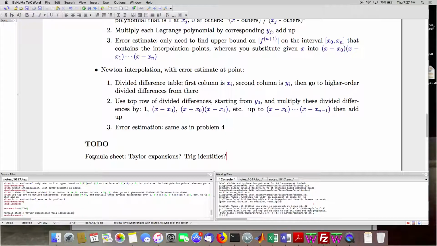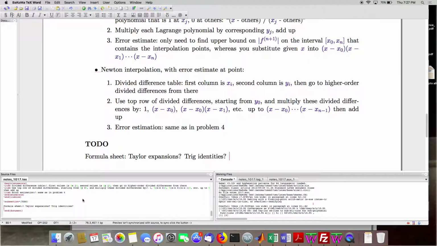Right now, I haven't actually looked at the real test in a while, so I forgot what I put on there. Depending on what the real problems entail, I don't want to put you in a situation where you're spending a lot of time memorizing things that don't relate directly to the class, like stuff from lower level classes. How many of you can rattle off the Taylor series for tangent?